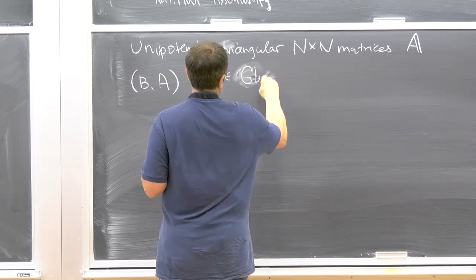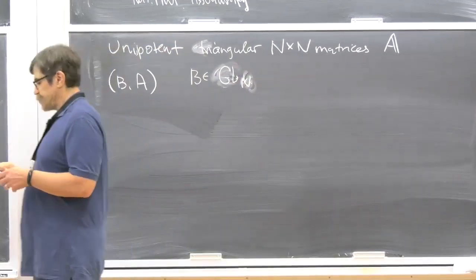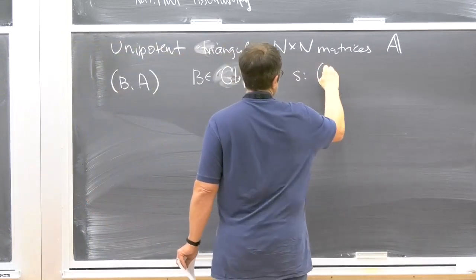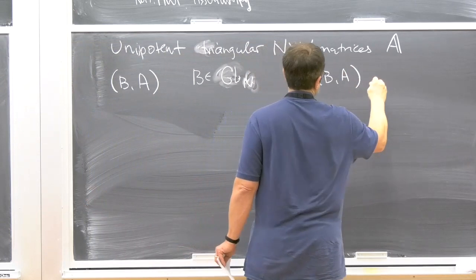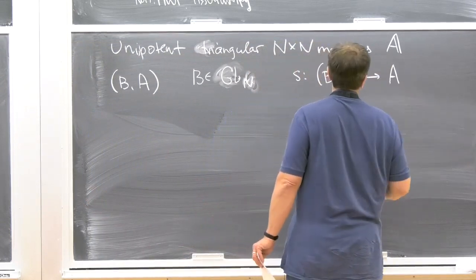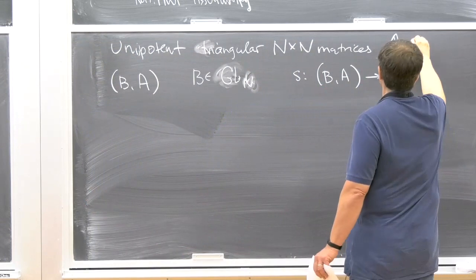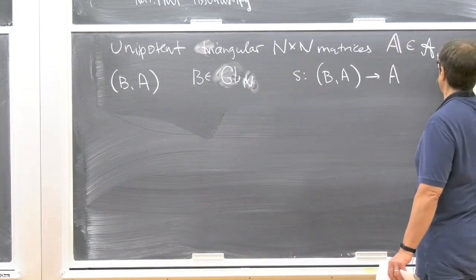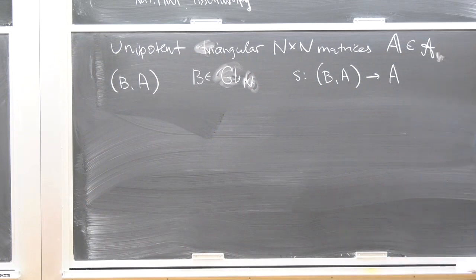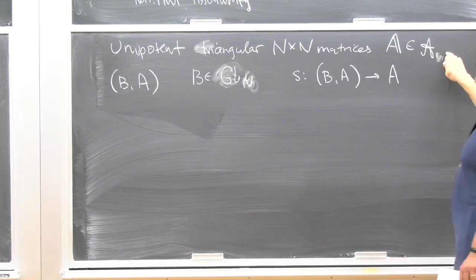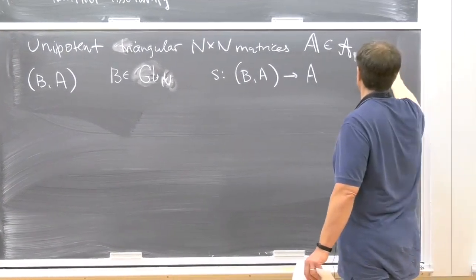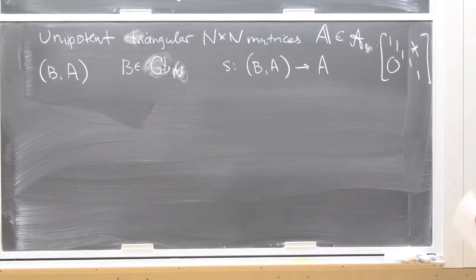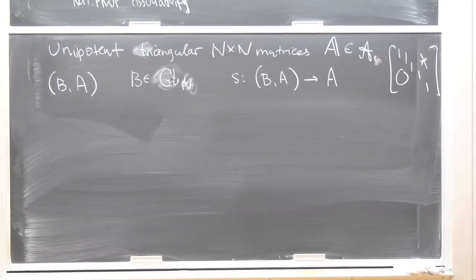Such that we have a source map of BA is just mapped to A. Let's also declare the corresponding set of these matrices, which I will not index, just A, B will be a set of matrices of the form such that they have units on the diagonal and zeros below.